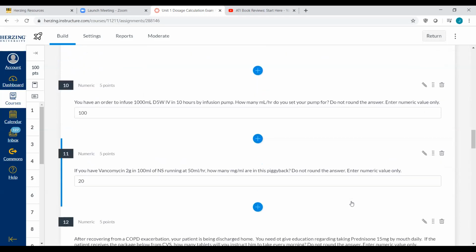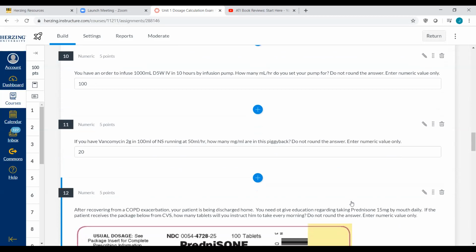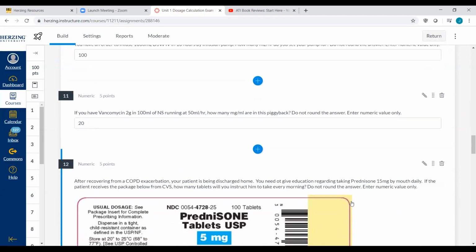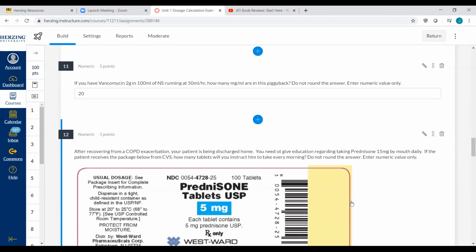Okay, let's try this one. All right, this one has a medication label. Let me see if I can show you the whole thing without showing you the answer. Nope. I can't do it without showing you the answer. All right, so in this one, after recovering from a COPD exacerbation, your patient's being discharged home.